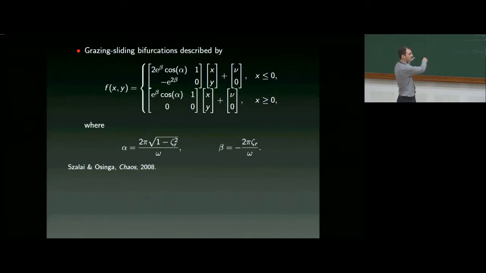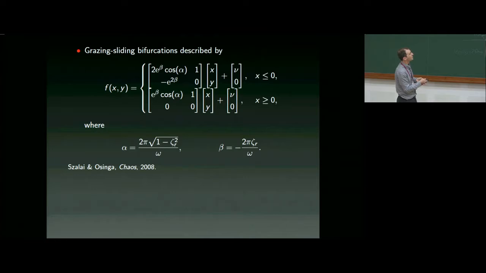So from the parameters of the oscillator, which all compress down, we just get two independent parameters, alpha and beta, and so the alpha and beta go in there. I've got my constant term in both maps. The parameter nu is the size of the constant term.